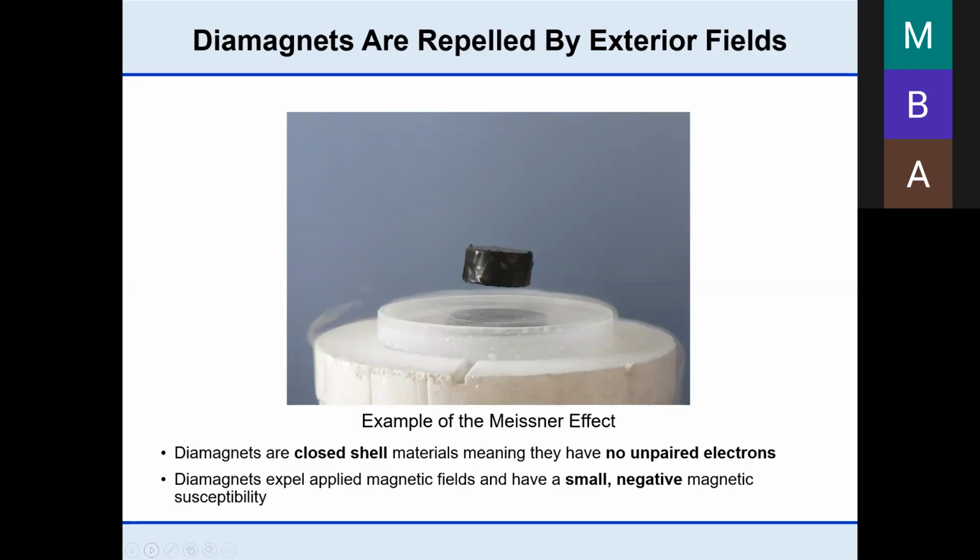As a result, when we apply a magnetic field, the expulsion of that magnetic field from the interior of the material is complete, and we get this nice magnetic levitation effect, which is quite useful.